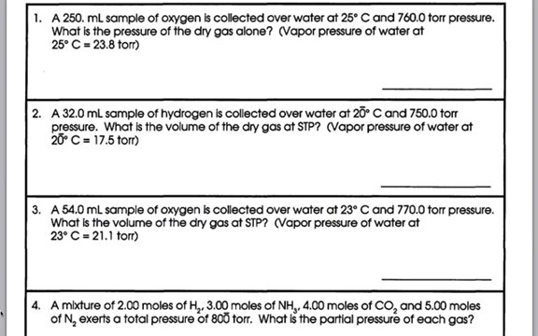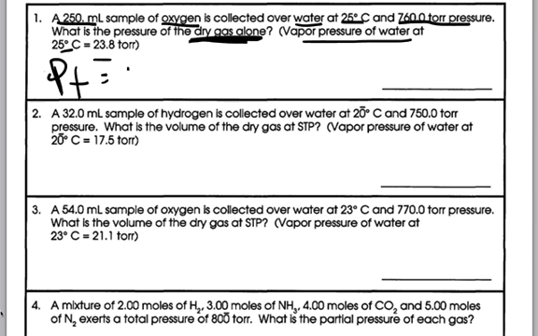Now notice most of our problems are going to be something like this. We have a 250 milliliter sample of oxygen. It's collected over water at 25 degrees. And here's the total pressure, 760 torr. It says, what is the pressure of the dry gas alone, the oxygen, if the vapor pressure of the water at 25 is 23.8? So we have our pressure total, and that is equal to our pressure of oxygen plus our pressure of the water vapor over the surface of the water.